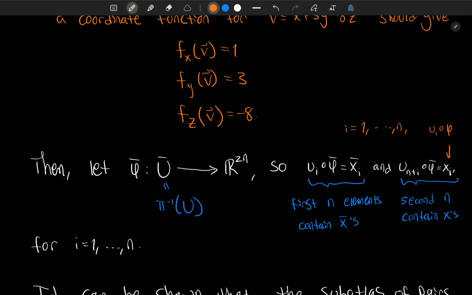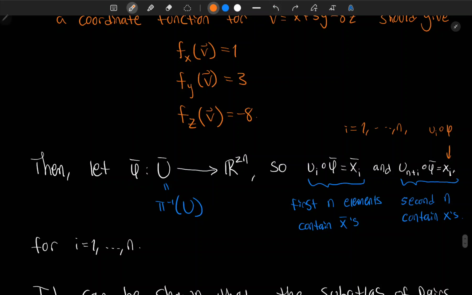So now this phi hat gives us 2n coordinates. It gives us the first n coordinates that we had constructed, and these are coordinates on M, and the other n components of phi hat give us the new coordinates that we had constructed, which are coordinates on TM.